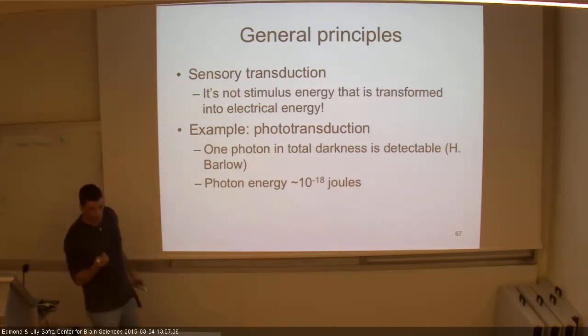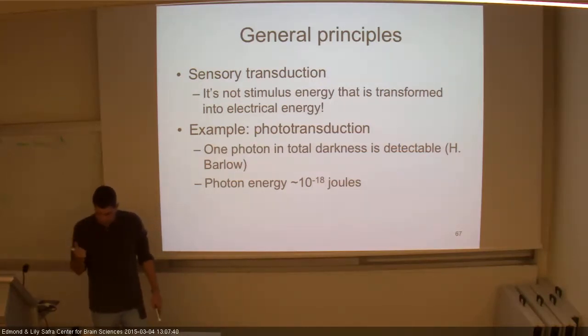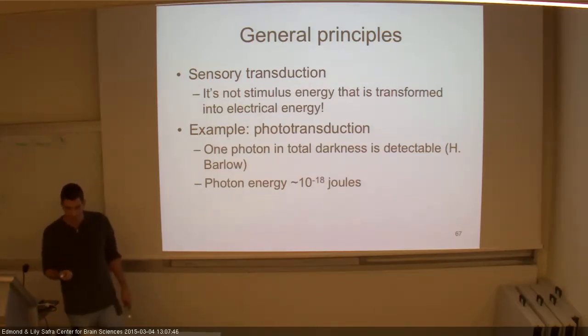We have to pay. When you do signal transduction, you pay in biology, in money of biology, and the money of biology is called ATP, and it is metabolic energy.